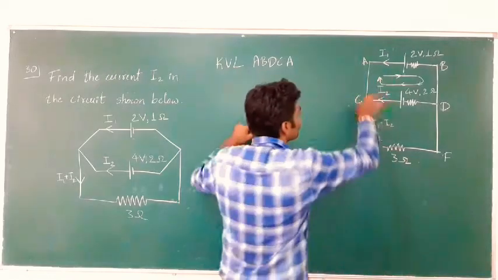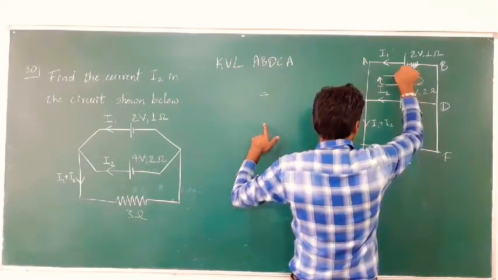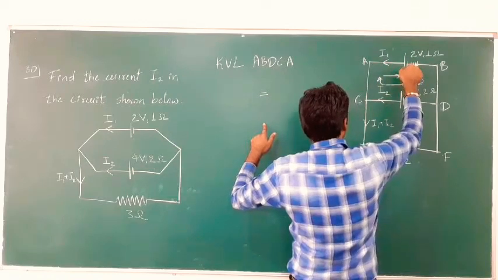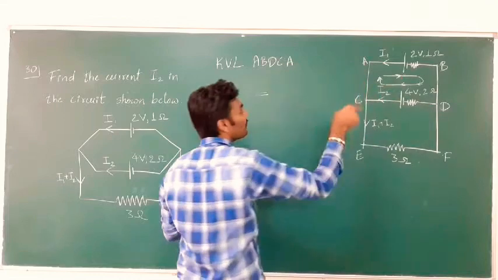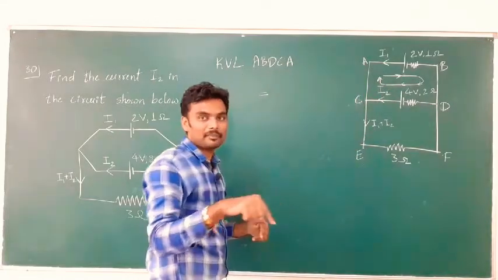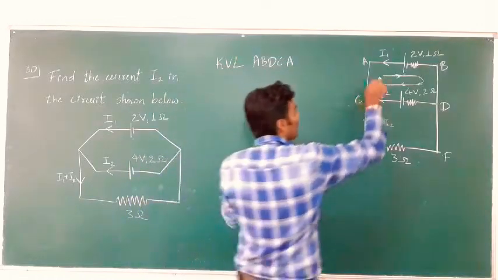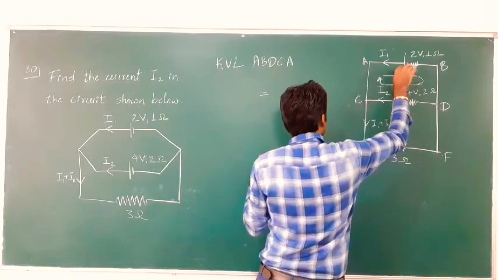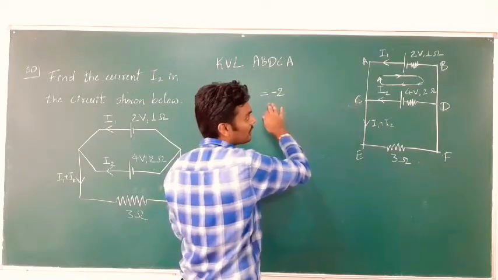While I go like this, I first encounter a cell here, and I first get the positive terminal of the cell. So I should put minus of the EMF, isn't it? Are you clear with KVL? So first I encounter the cell with the positive terminal, so minus 2 volt is the EMF that I should put here.